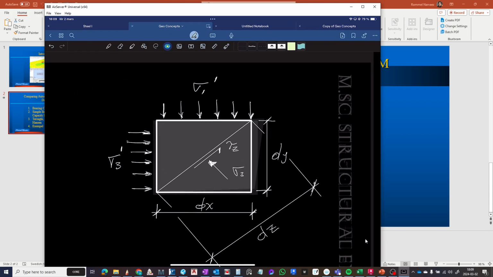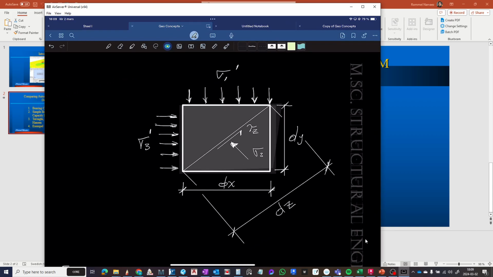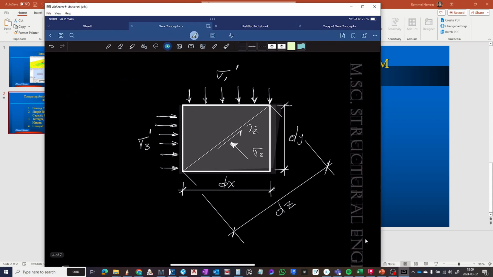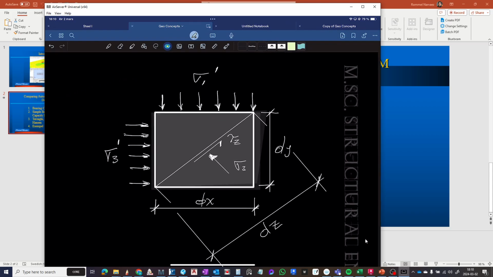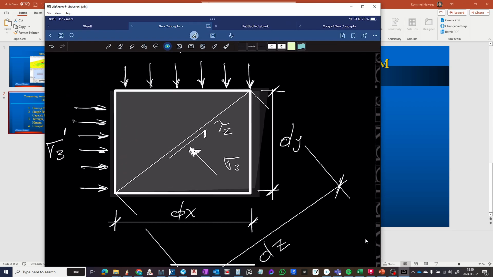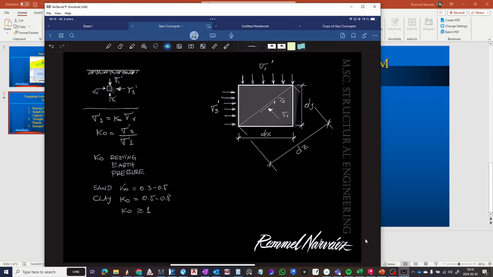A very important concept about this differential element of soil is understanding the shear. So we have the vertical and horizontal stresses, but we also have a shear capacity for the soil, and this is expressed as tau in this differential element of soil.